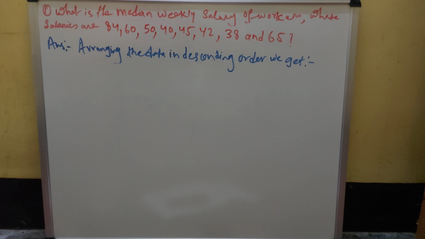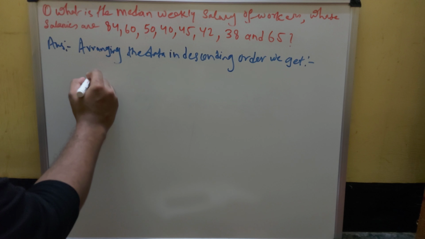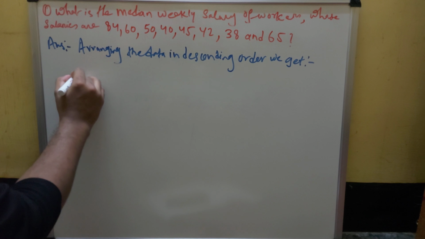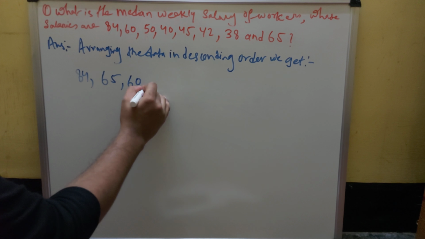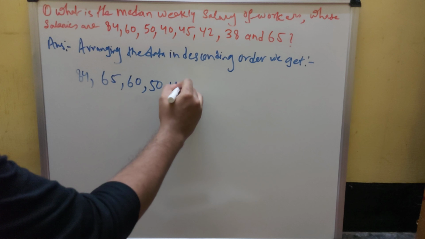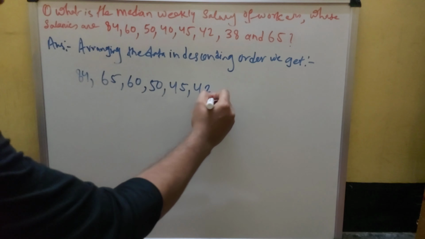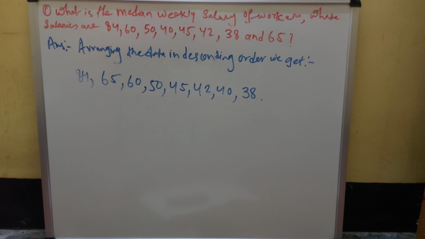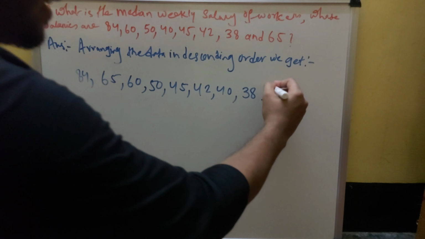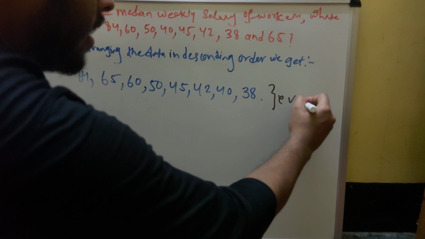Now again if we arrange the data in descending order, what will it come? 84, 65, 60, 50, 45, 42, 40 and 38. Now if you see, in this case you can't find a middle number. Why? Because the data in this case is even.